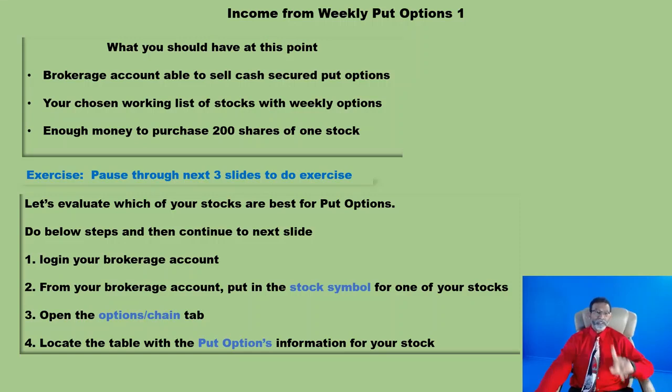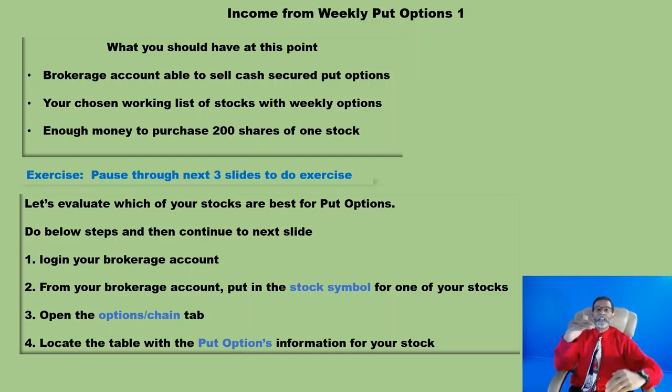Your chosen list of stocks for the weekly options. Enough money to purchase 200 shares of one stock. Why 200? Well, if a cash secured put option executes, then you have 100 shares.